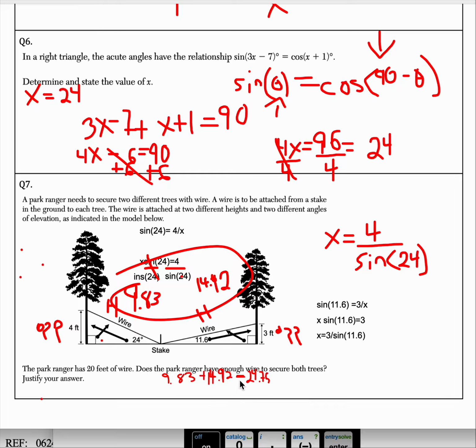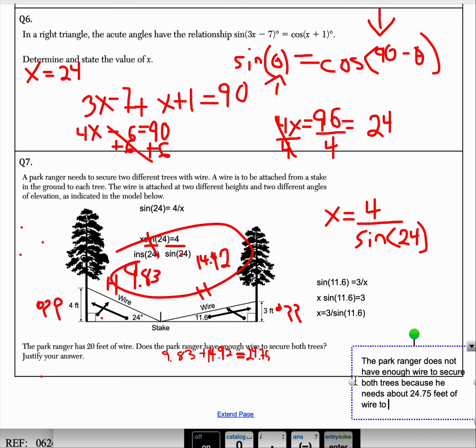The park ranger does not have enough wire to secure both trees because he needs about 24.75 feet of wire to secure both trees, and he only has 20 feet of wire.